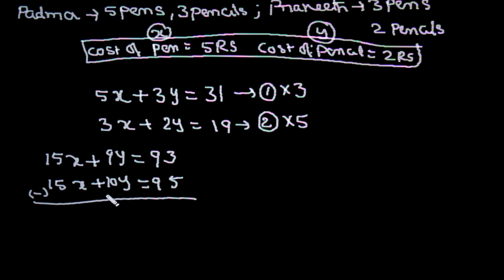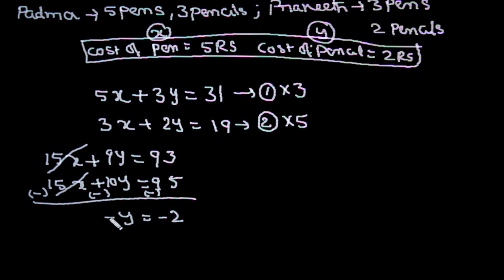What is the subtraction procedure? You have to change the sign of each term in the second equation. Plus 15x minus 15x get cancelled. 9y minus 10y is minus y, equal to 93 minus 95, which is minus 2.